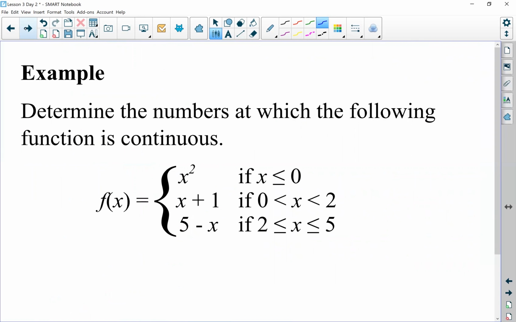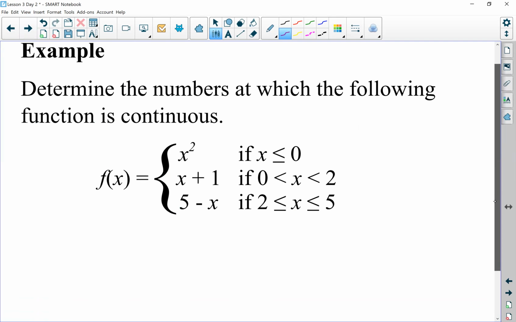So another type of function that we have to be careful of with continuous and discontinuous is a piecewise defined function. From our work way back last week, all polynomials are continuous. So linear functions, quadratic functions, cubic functions, all continuous.